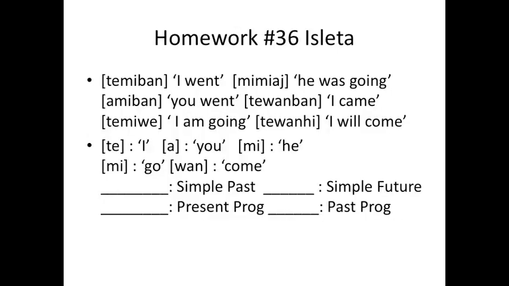Okay, so now that we understand what tense and aspect are, we can go back and look at some of our homework questions that required us to know this stuff. So if you look at number 36 on page 188 of your book, which was assigned for homework, we can go back and correct some of our mistakes that many of us made. So this problem set gives you a very small data set of words in the Isleta language.